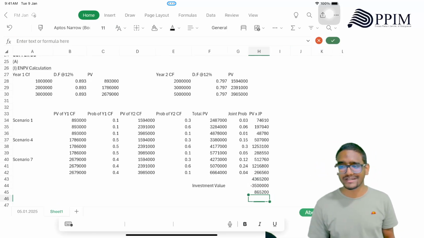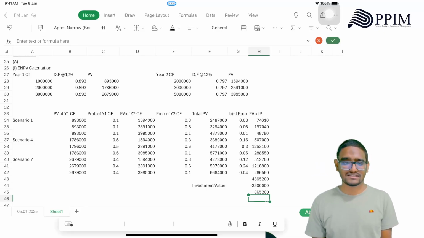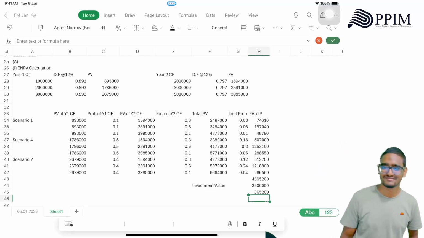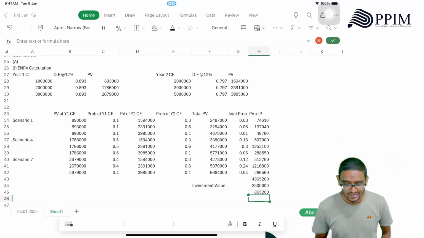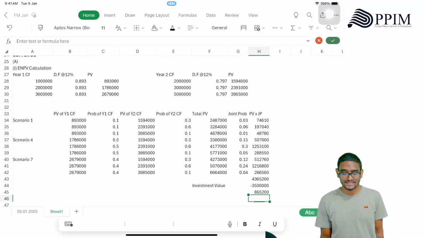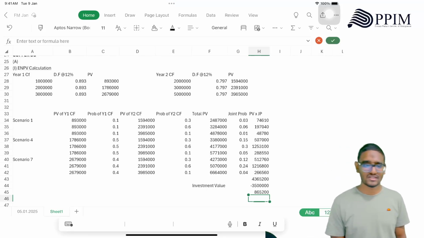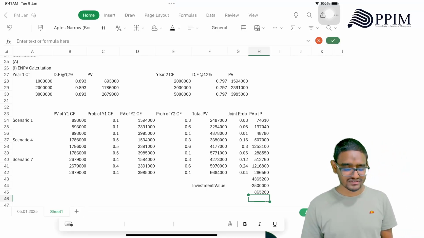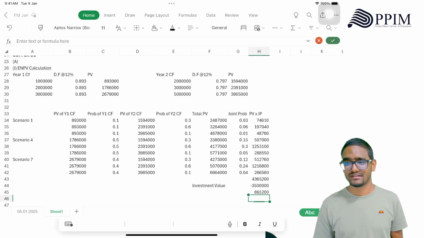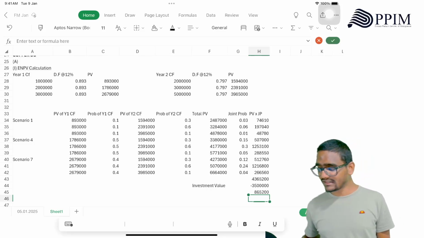As I said, your workings might be correct, but the methodology is wrong. 865,200. As I said, you must have got the same answer, but since they're asking for a joint probability table, you can't do any other method. Plus, it will help you for the next part.